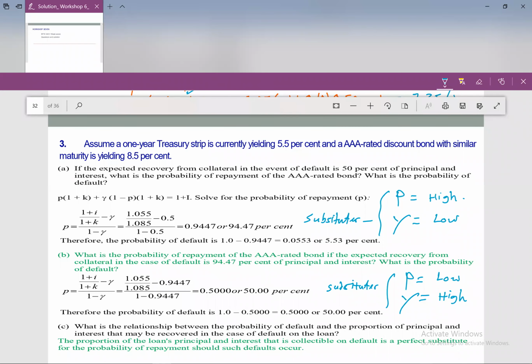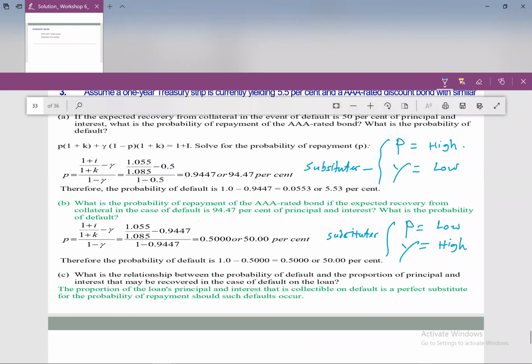They are not independent, they are substitutes. For example, here when the collateral is only 50% of my loan, the probability of payment for this customer is 94. Now, when I receive a high collateral, the probability of payment dropped to 50.